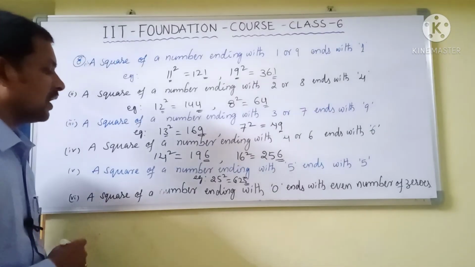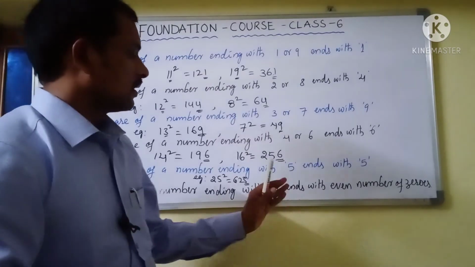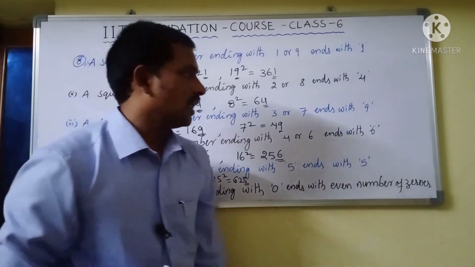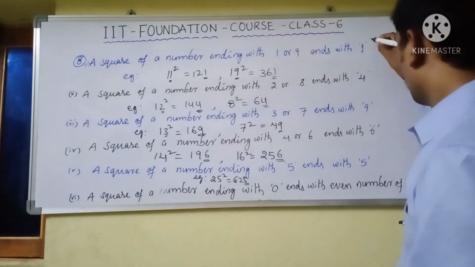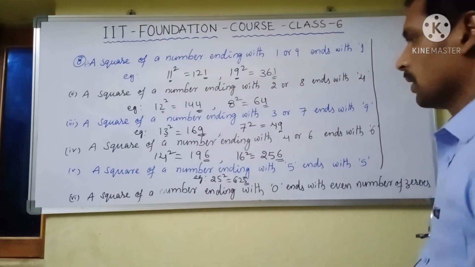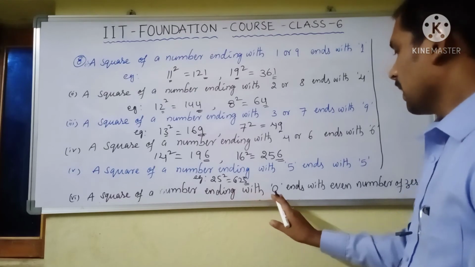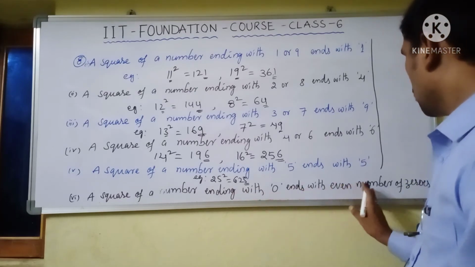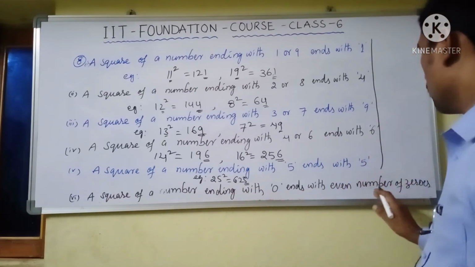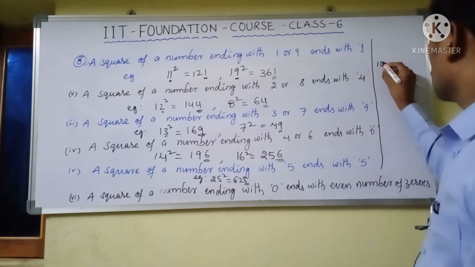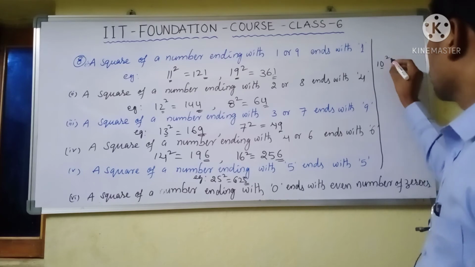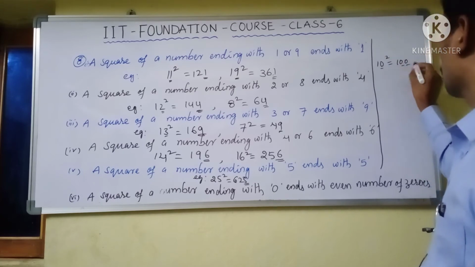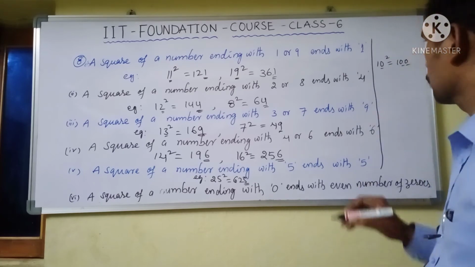The square of a number ending with 0 ends with an even number of zeros. You can observe many examples here. Suppose 10 square. 10 is ending with 0, so its square is 100. Here, an even number of zeros.